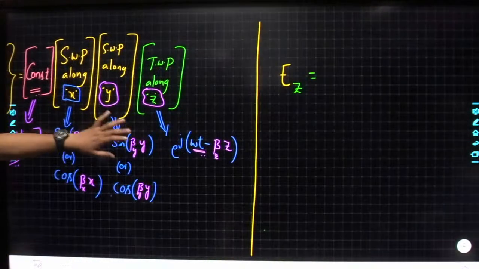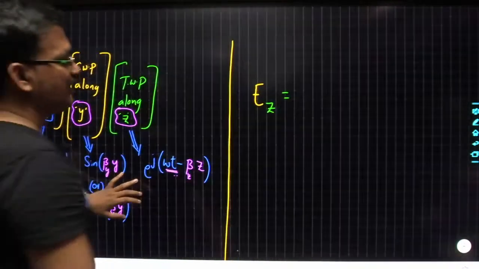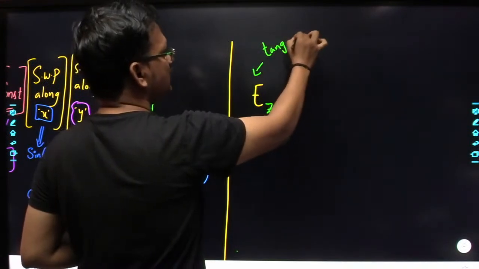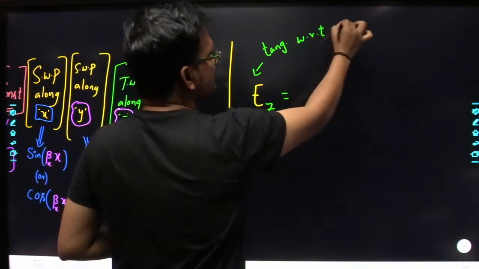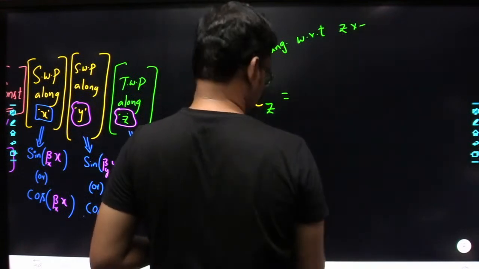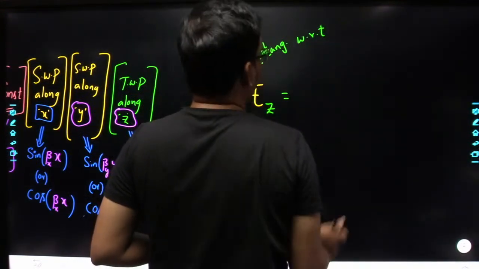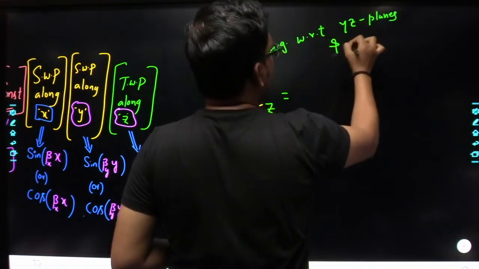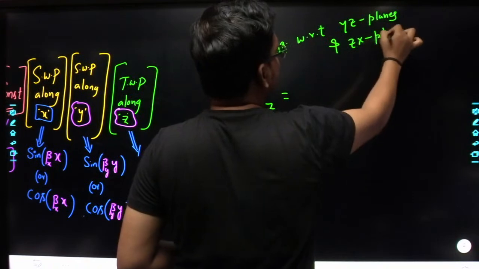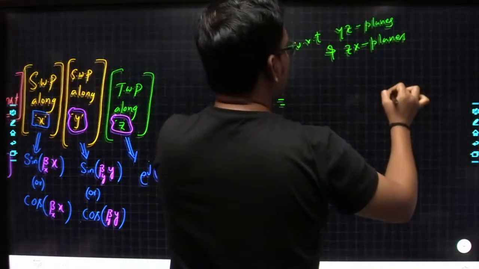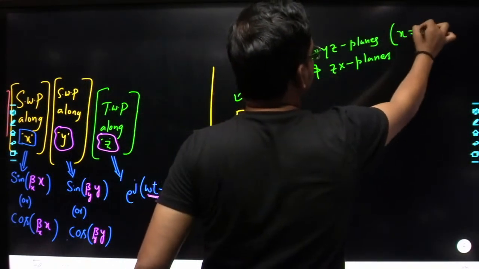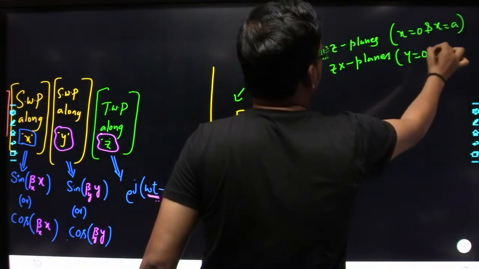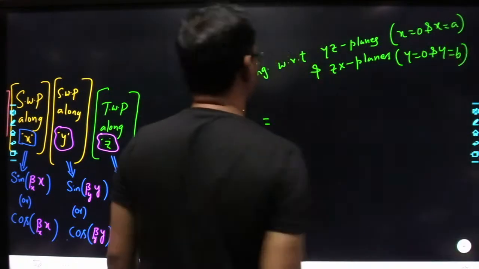You have to follow this pattern. Ez acts like a tangential component with respect to YZ planes and with respect to ZX planes also. You have the YZ planes at x equal to 0 and at x equal to a. You have the ZX planes at y equal to 0 and at y equal to b.